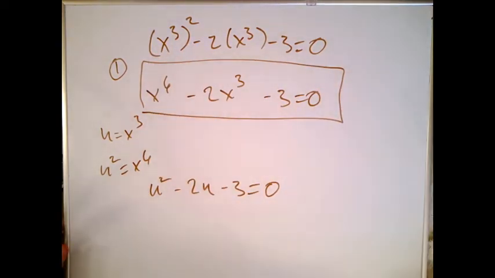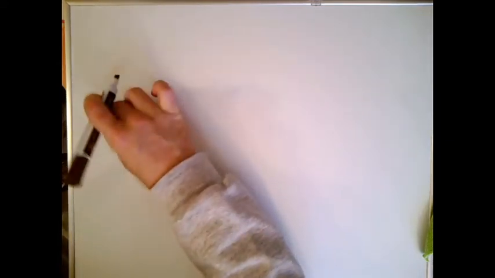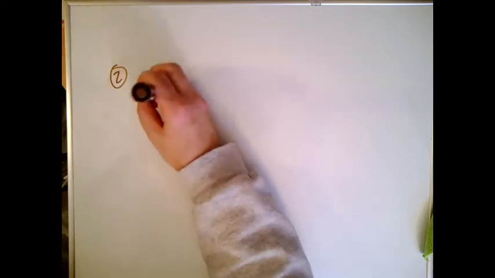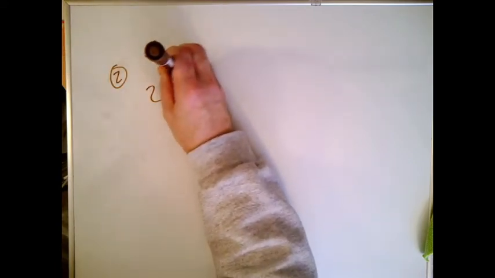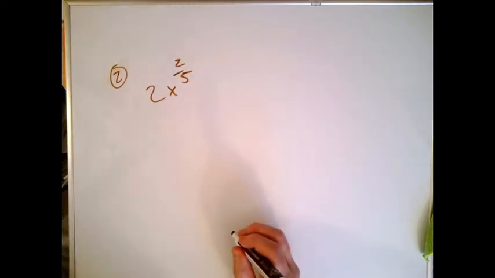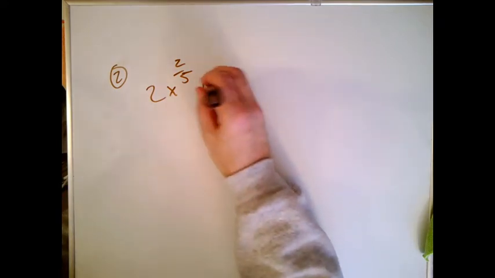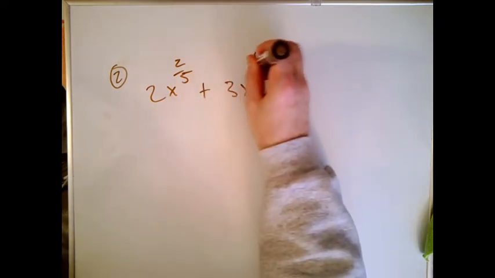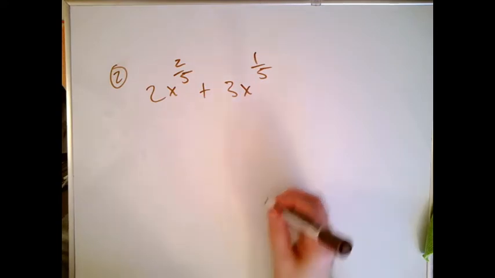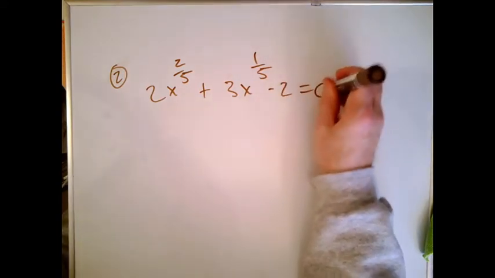Let's look at another example. This is example 2. I want 2x to the 2/5 plus 3x to the 1/5 minus 2 equals 0.